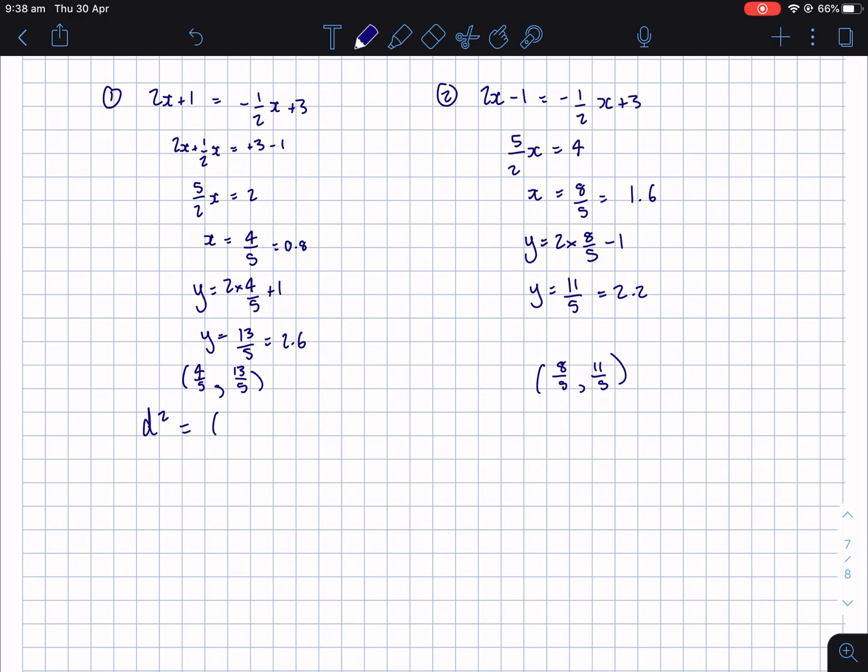equals 8 on 5 minus 4 on 5 squared plus 11 on 5 minus 13 on 5 squared. So d squared equals, I'm just going to chuck that straight in my calculator.